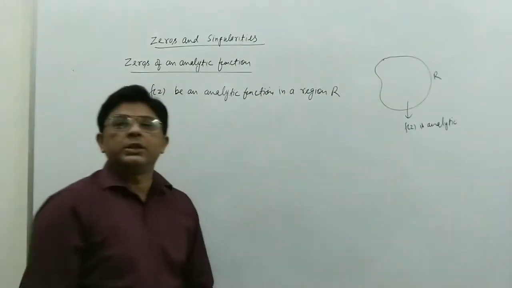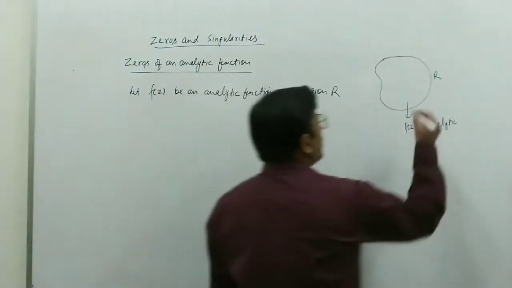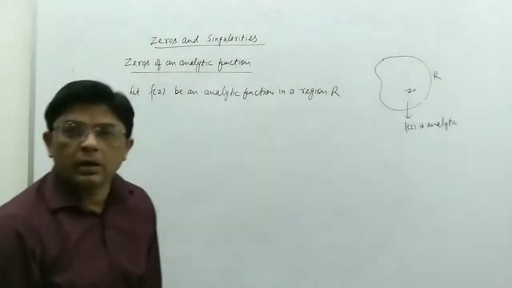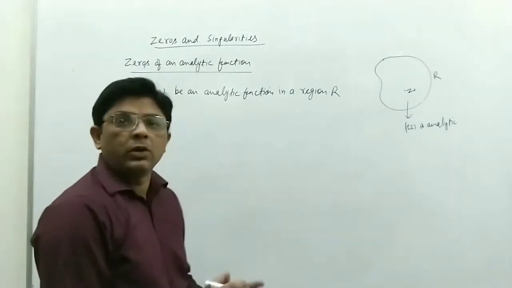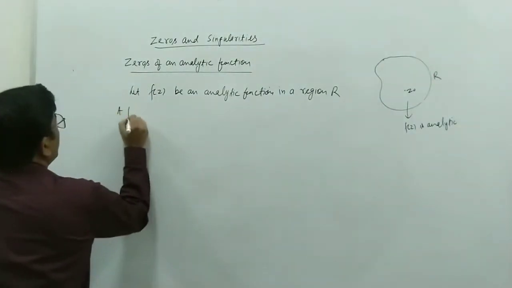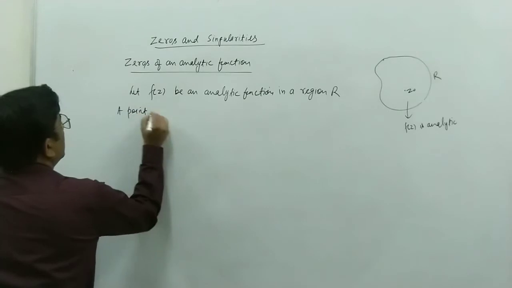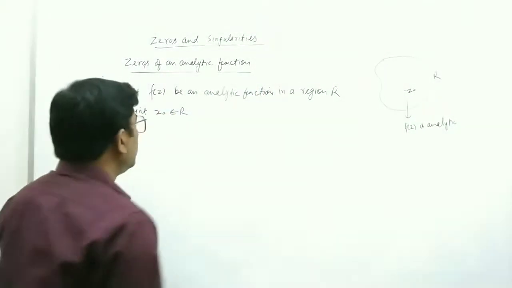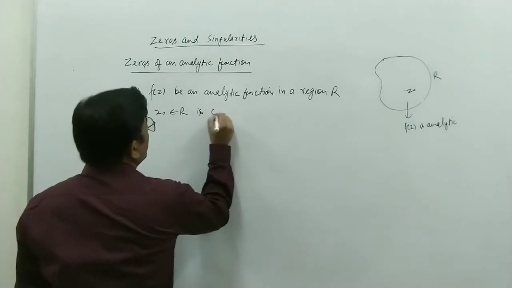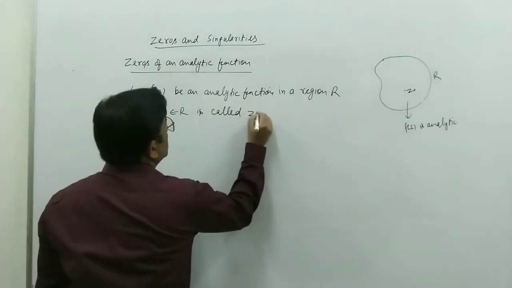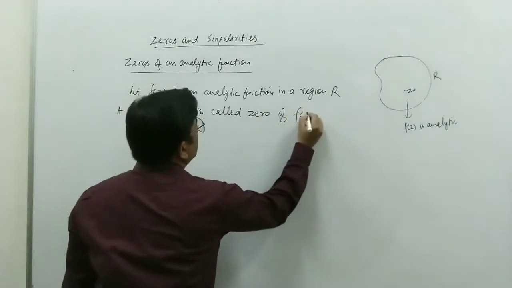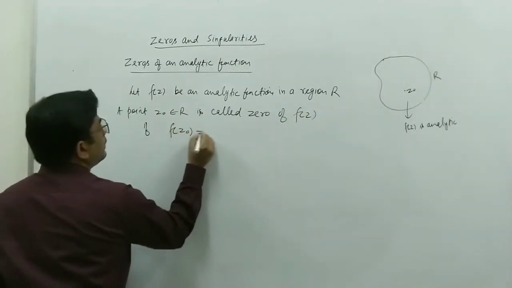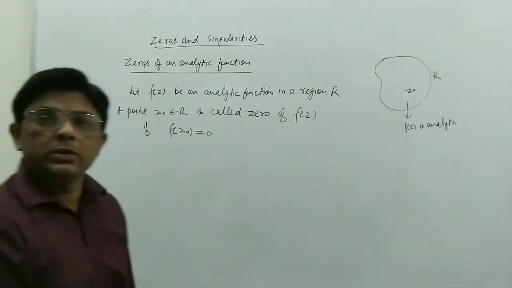So we have to define the zeros of f(z). Let us take a point z0 in this region R. A point z0 which is in this region R is called a zero of f(z) if f(z0) equals 0.